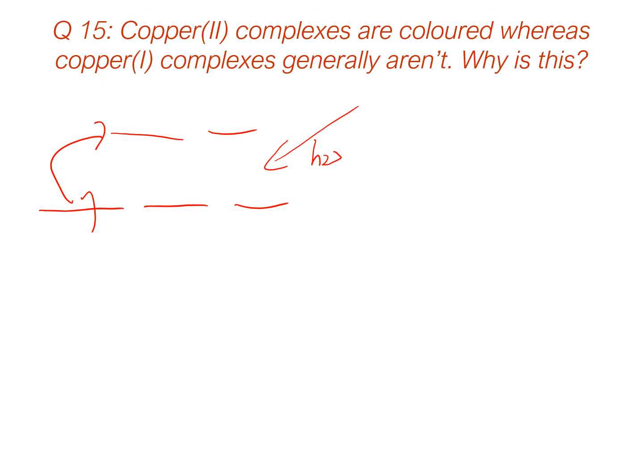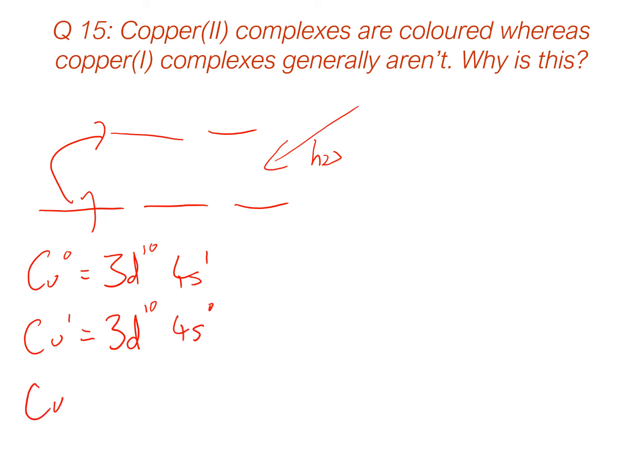Now, if we look at the electronic configurations of copper 1 and copper 2, it will probably become quite clear quite quickly. So copper as a metal has the electronic configuration of 3d10, 4s1. Now remember, this is the one that's the exception to the Aufbau principle. Copper 1 has an electronic configuration of 3d10, 4s0, and copper 2 has an electronic configuration of 3d9, 4s0.